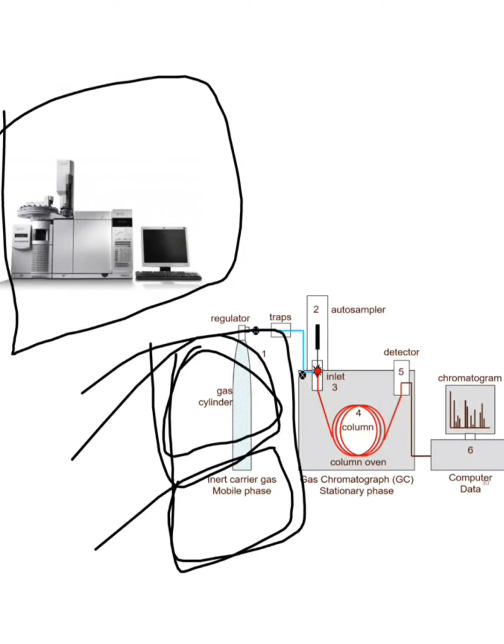In the previous column chromatography, we used different solvents for the separation, like polar and non-polar solvents, depending on the mixture. In gas chromatography, we use gas as the mobile phase, and this column, these spirals, are the columns used for the separation.